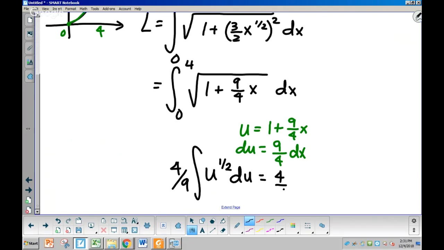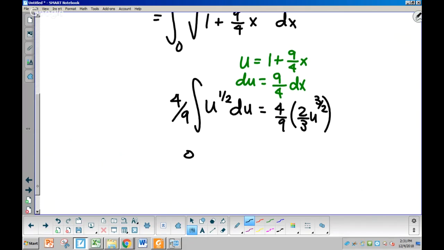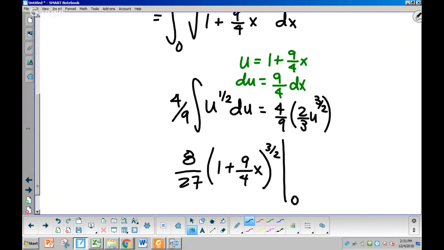So this is going to be 4/9 times 2/3 u to the 3/2. And I'm going to take it back and put it in my statement here. What do we get? That's 8/27 times 1 plus 9/4 x to the 3/2 evaluated between 0 and 4.